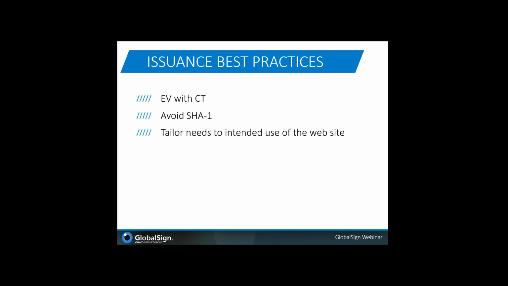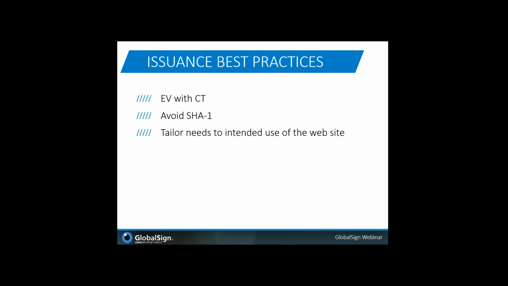In addition to best practices for you as the website operators, GlobalSign has been following the best practices set forward by the industry in the CA Browser Forum. This year we've made a lot of changes to support the evolving guidelines and requirements. As you know, certificates can only be valid for up to 39 months now as of April.